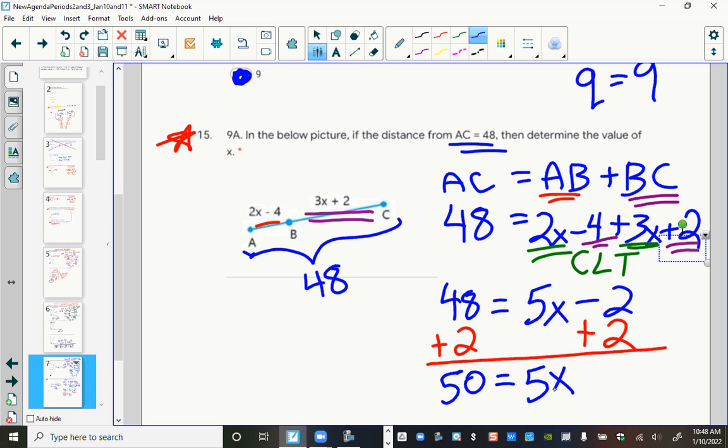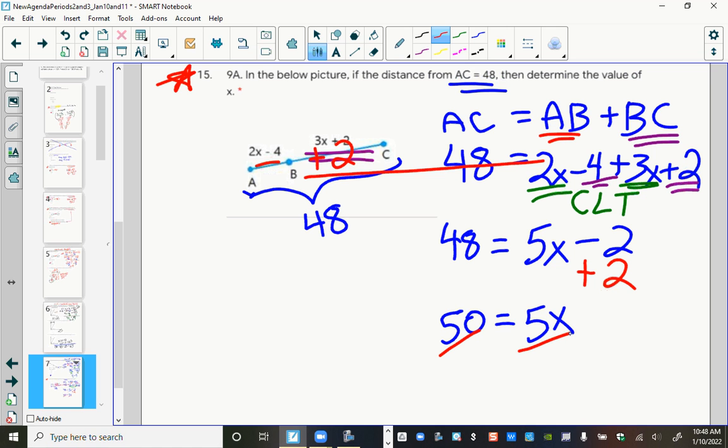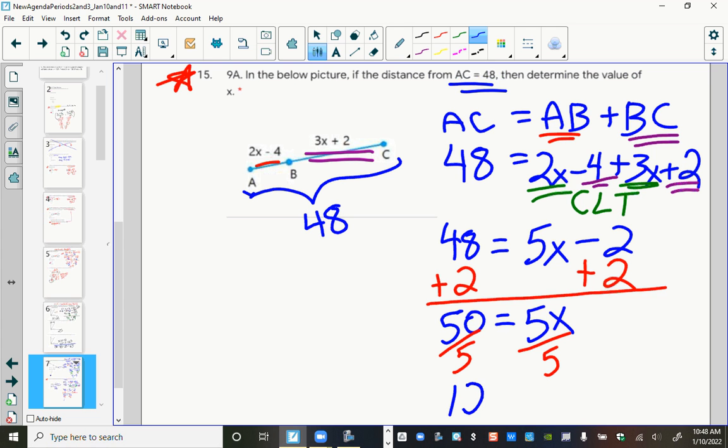X, you're right, it is the X. Because after you divide both sides by what number, ladies and gentlemen? By 5. Then you're going to get your X is 10. So your answers did make sense. So 10 would just equal X.